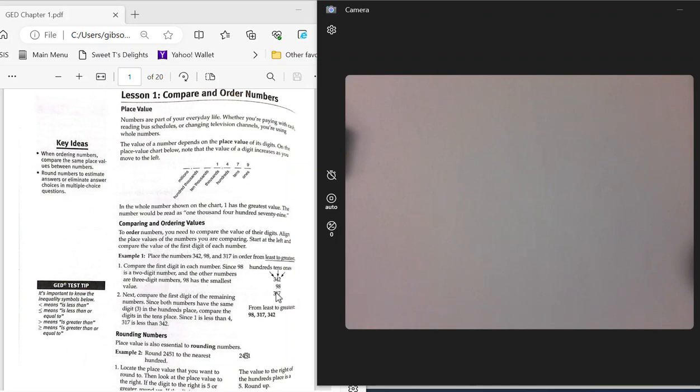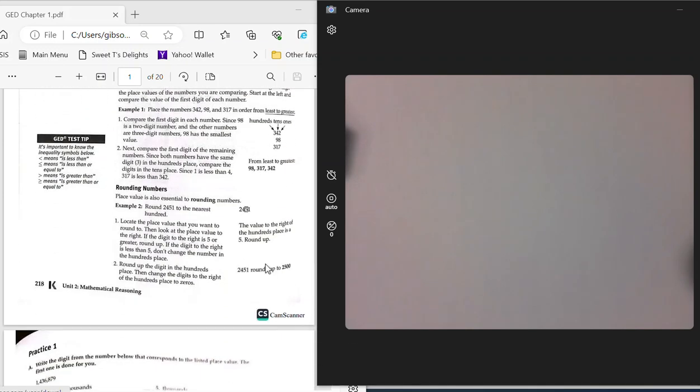So since the larger place values are the same, you go to the next place value, which here would be the tens. 4 is larger than 1, so that lets us know that 342 is larger than 317. So when we go from least to greatest, 98 is the lowest, then comes 317, then 342. But again, we will go more in depth with this as we go through the practice problem.